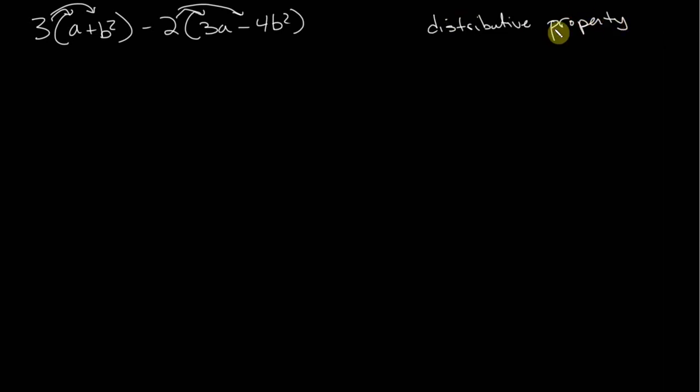All the distributive property states is that if you have a times (b plus c), which you might notice is a similar pattern to what we have up here in this expression, what that equals is ab plus ac. That's all that the distributive property states, and so we're going to use this in this expression before we can then identify our like terms.